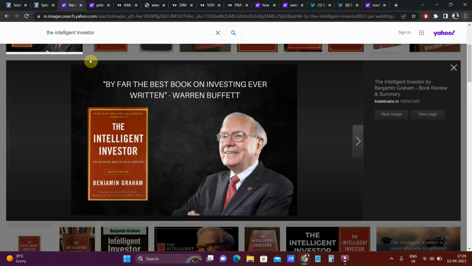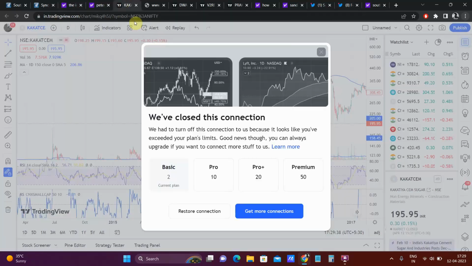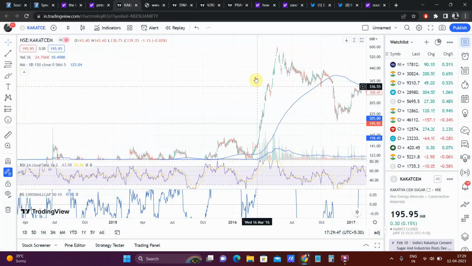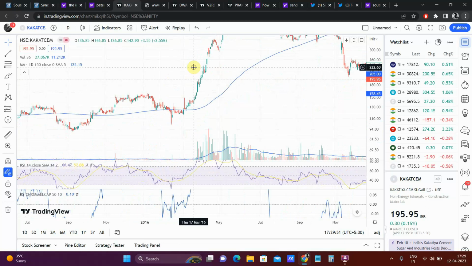So finally, in 2016, I quit my job and wanted to do some business. I never planned that I would be going full time into investment. But then in April of 2016, I bet whatever savings I had on one stock, that is Kakatiya Sugar and Cement.